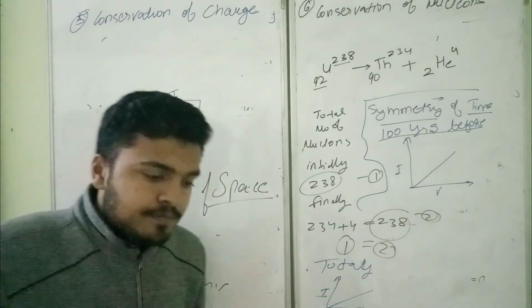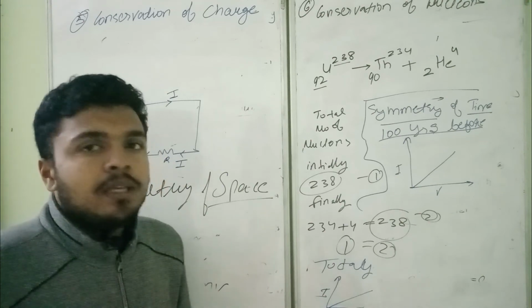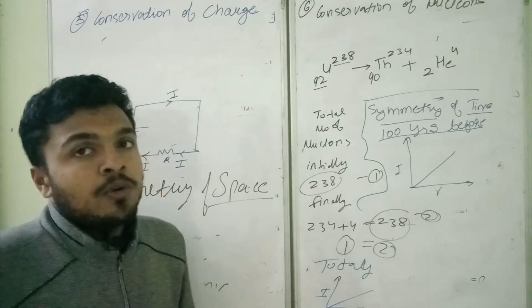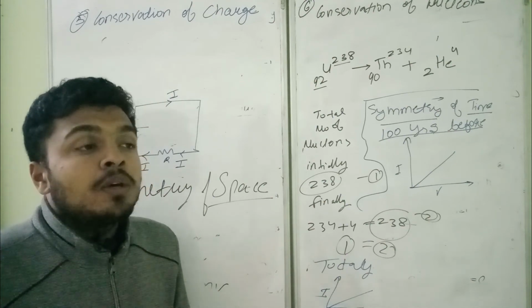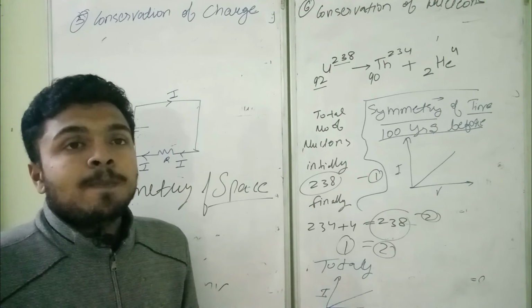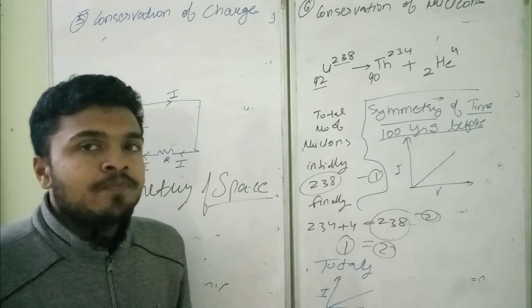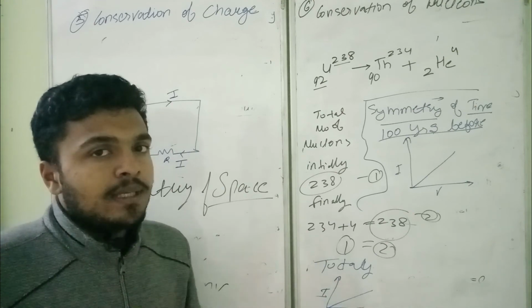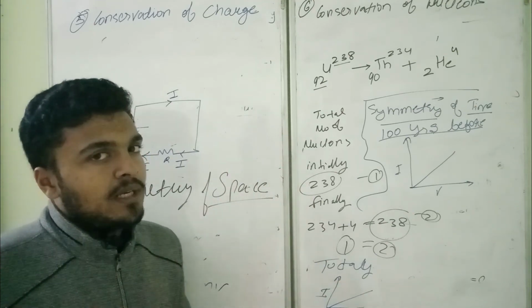And any natural phenomena happening either on this earth, or on the moon, or on Mars, or somewhere at another end of the universe, all these phenomena must be following these 6 conservation laws which we have studied today.